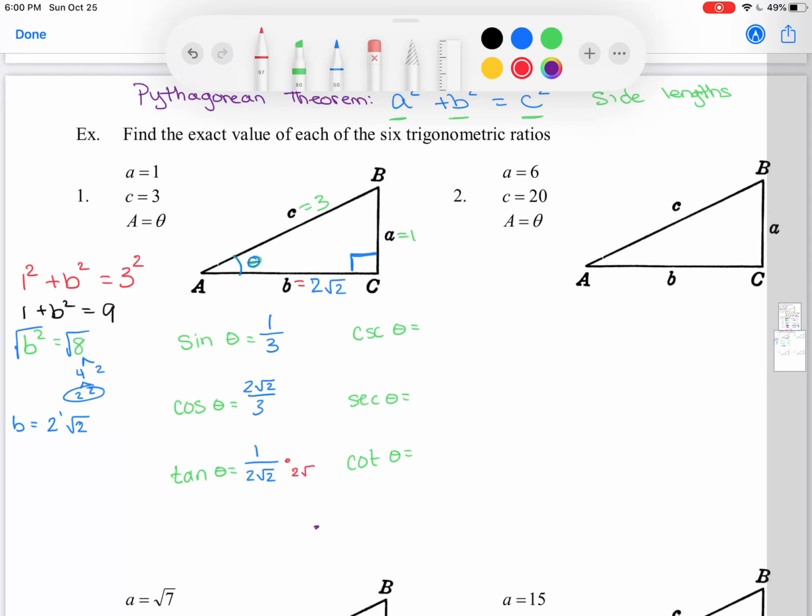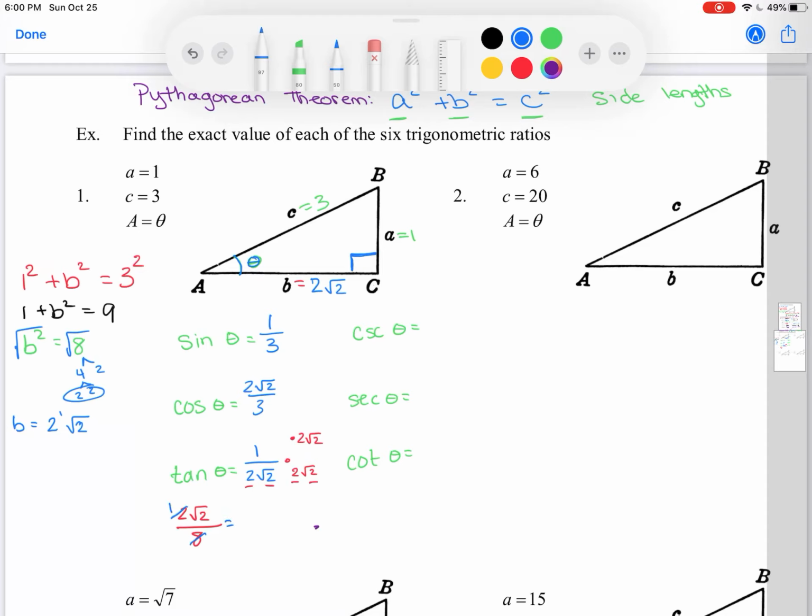All right. Now, if you look at this answer for your tangent, we don't really like that answer because we have a square root in that denominator. So let's practice getting the square roots out. So we're going to multiply it by another 2 root 2, multiply by 2 root 2. And that will give us 2 root 2 in the numerator divided by this 2 times this 2 is going to give me 4.